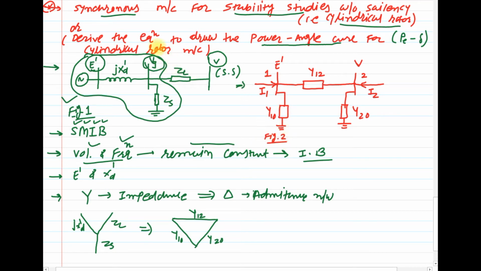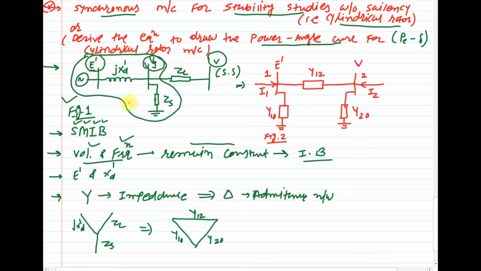Here let us repeat once more. Here we are deriving the equation to draw the power angle curve. Sometimes in the exam a question may be asked like: derive or explain the synchronous machine model for stability studies without considering the saliency effect, that means for the cylindrical rotor machine.